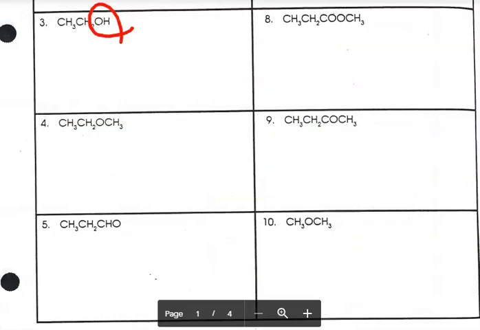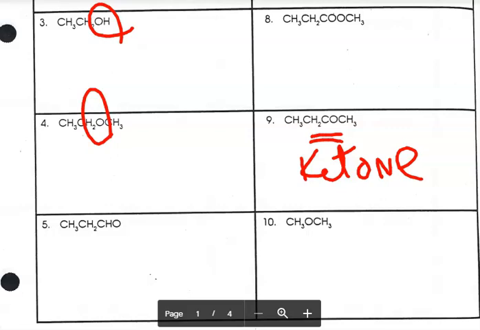For number 4, I have now 1 oxygen, but you'll notice this is different, for example, than number 9. When you see a C and then an O, that's C double bond O, this is a ketone. When you see just an O, well, that's different. You're going to have a carbon bonded on each side.